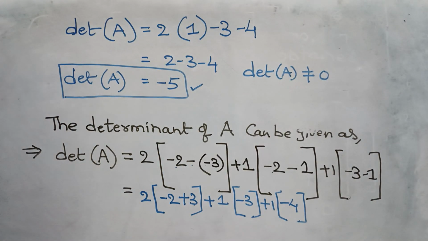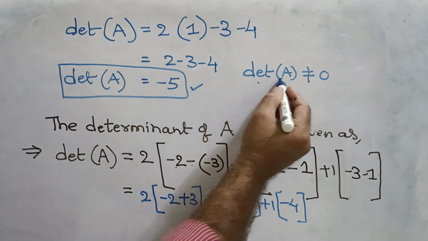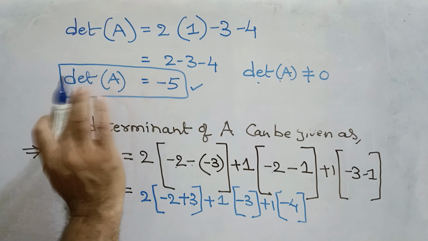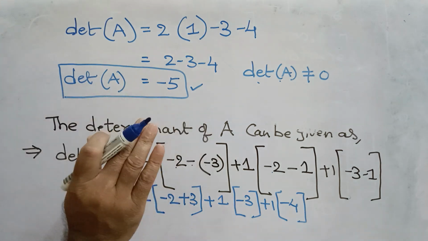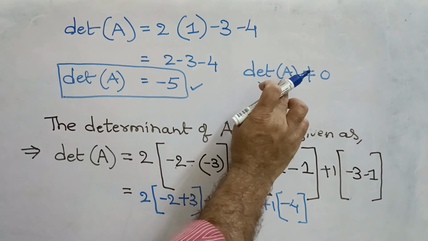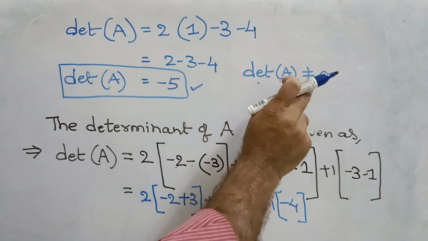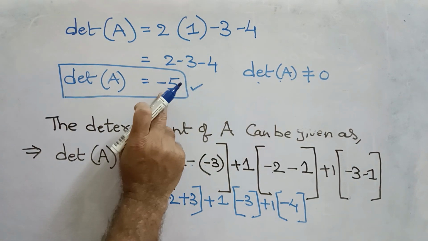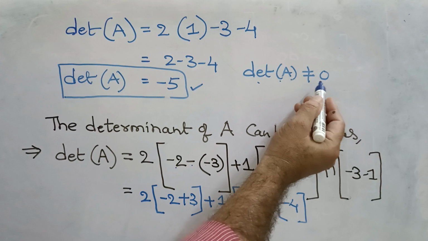That is the simple fundamental thing to remember. If the determinant of A is equal to 0, the matrix does not have the inverse. Therefore the condition is that the determinant of A should not be 0. It can be either a positive or a negative value, but should not be 0.